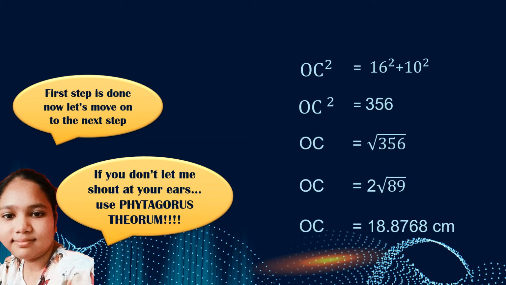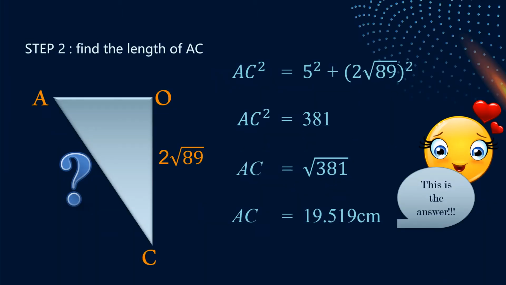Take the lengths of OP and PC, sum their squares and square root it to get the length of OC. Then, to get the length of AC, use Pythagoras' theorem again: sum the squares of AO and OC, then square root it. Make sure to write your final answer in decimal form.